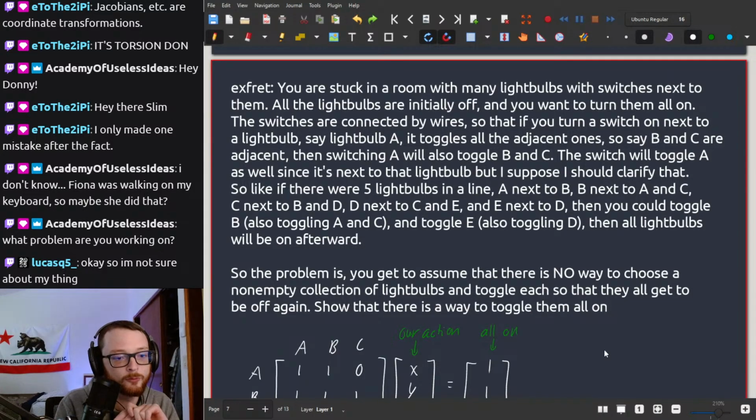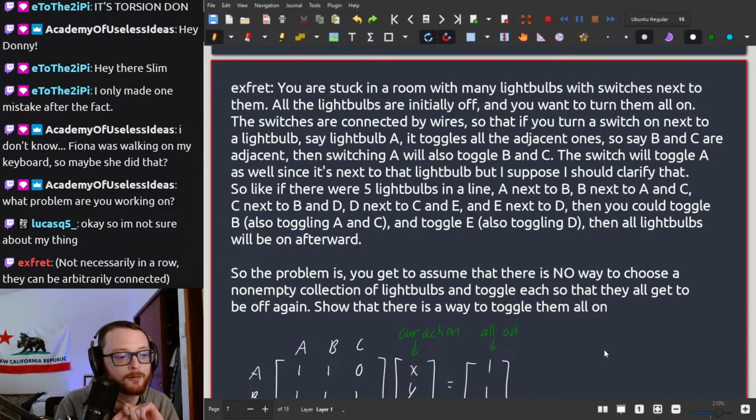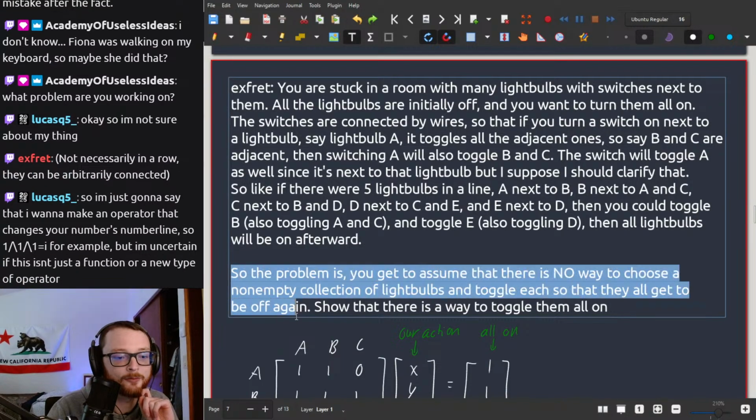You may also toggle some light bulbs that are farther away. And you want to show there's always a way to toggle all of them on. This assumption is apparently unnecessary but helps simplify the solution.